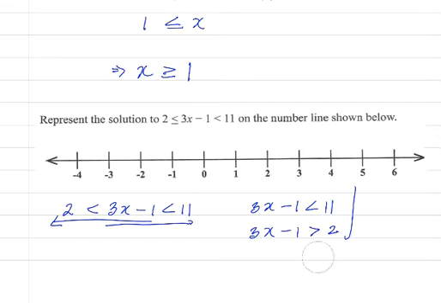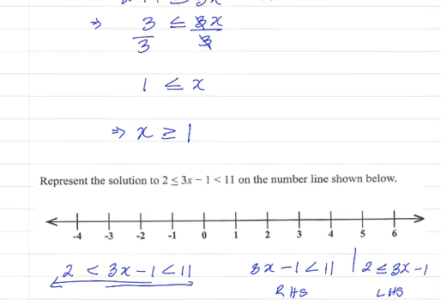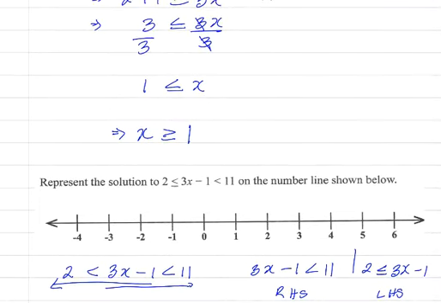I'm saying that for a particular reason. So this is the right hand side, and the left hand side is 2 is less than or equal to 3x minus 1. So what we should observe is that this is two inequalities in one, and the two inequalities that make up this one inequality are inequalities that we have solved already.